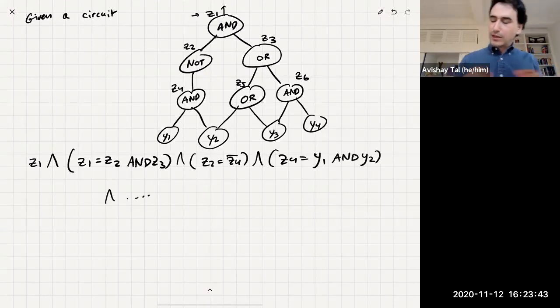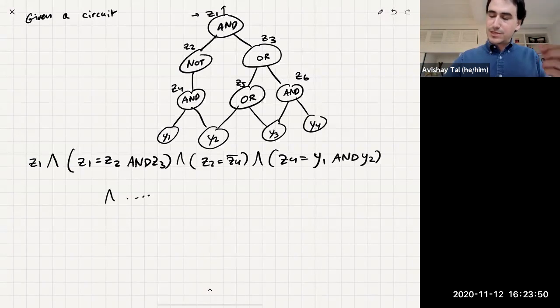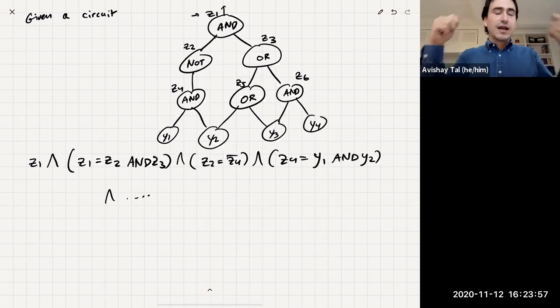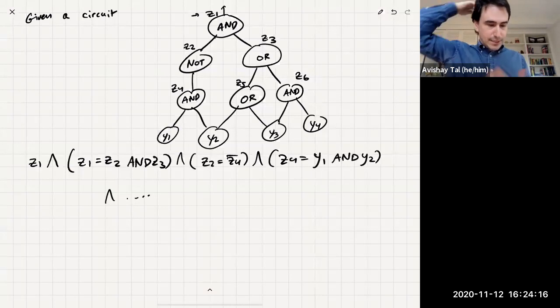So on and so forth. So I'm writing one constraint per gate. For every gate, I want to check that its value is consistent with the two wires that feed into it, right? I have two inputs, let's say for an AND gate. So I need to check that these two inputs and the value of the gate are consistent with one another. Okay? So once I write this, I claim that this circuit is satisfiable if and only if this formula is satisfiable. Okay, and this is easy to convince yourself.